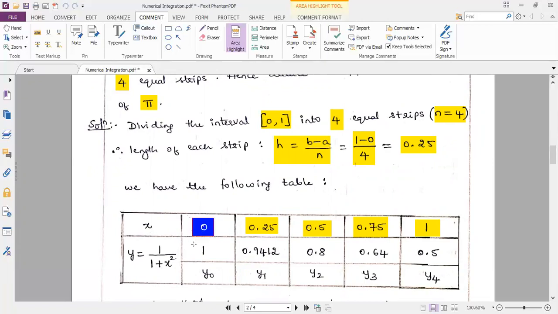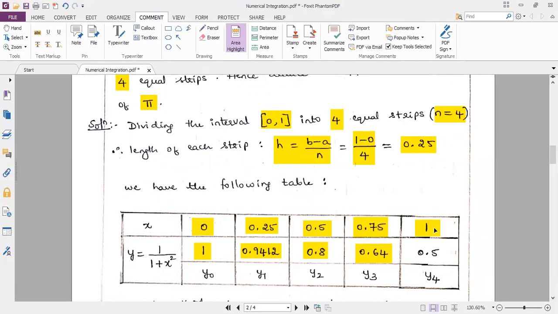So when x is 0, we obtain y as 1. When x is 0.25, substituting here 1 divided by 1 plus 0.25 whole square, we obtain 0.9412. Similarly, when x is 0.5, we obtain y value as 0.8. When x is 0.75, we obtain y as 0.64.